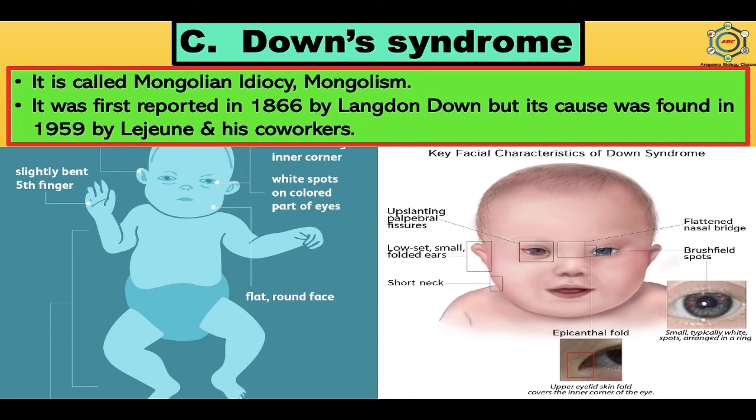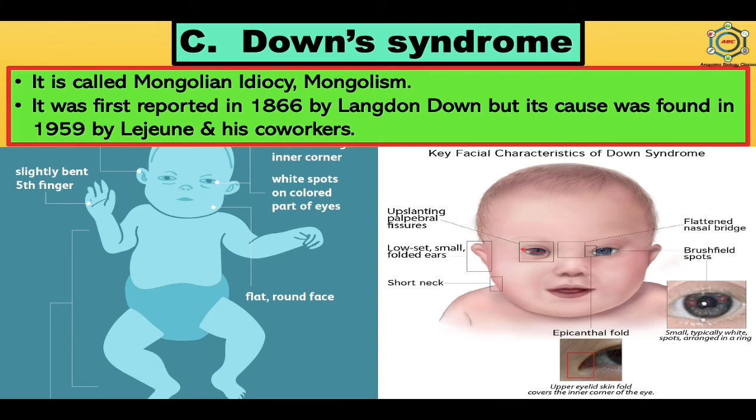The victim has little intelligence due to malformation of the brain. Heart and other organs may also have deformities. Gonads and genitalia are underdeveloped. Few victims live to maturity, but those who attain maturity produce Mongolian and normal children in about equal proportion.